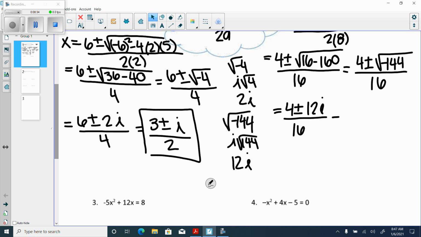Right, by what number can we simplify? Good. So if I simplify 4 by 4, I'm just left with, good. And if I simplify 12, I'm left with, good, all over, good. And that's the most that we can do. So there would be my answer.